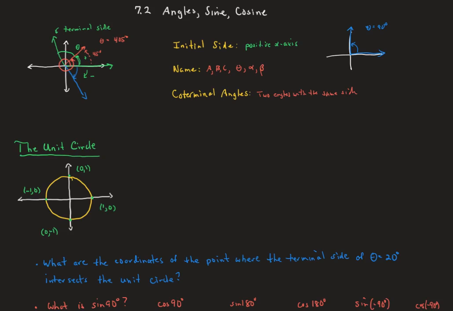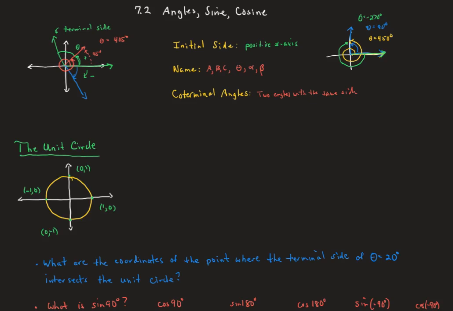Now, we could also start with our initial side and go all the way around, 360 plus another 90 would be 450. So we would say that that 90-degree angle and that 450-degree angle are coterminal. We could also start with the positive x-axis and go through negative 90, 180. We could say that theta equals negative 270 degrees is also a coterminal angle. So any angle has an infinite number of coterminal angles. Kind of crazy, but this is going to be fun.